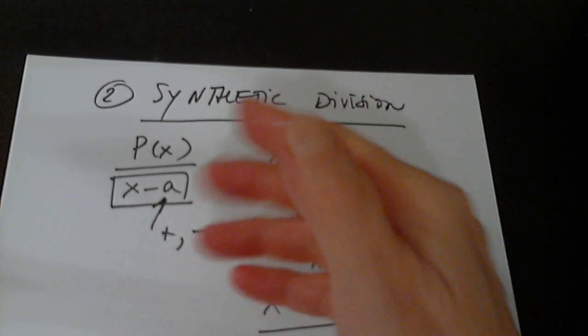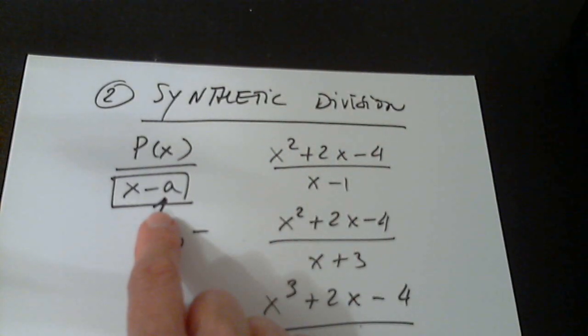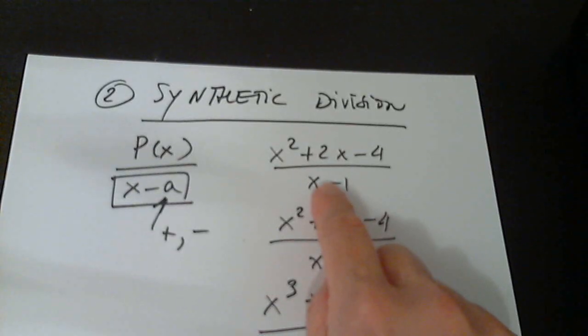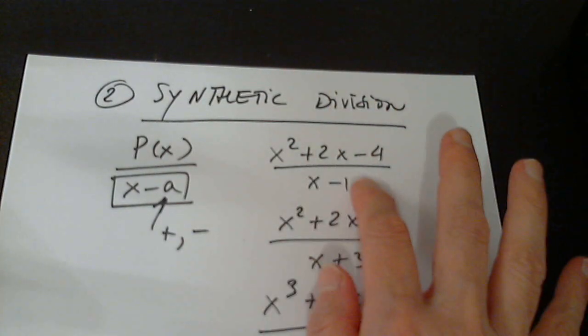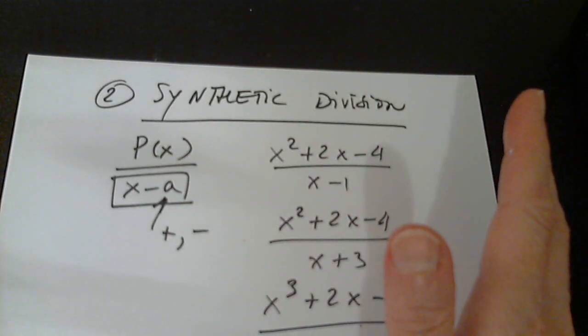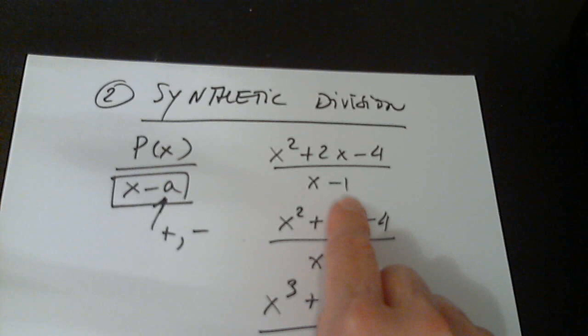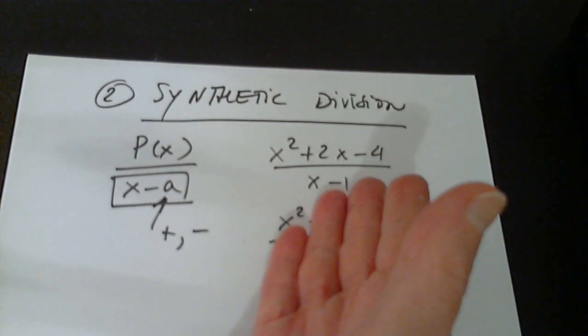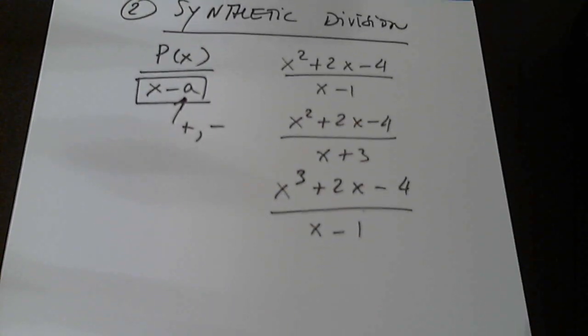When the polynomial at the top can be anything, but the denominator is restricted. It cannot be 3x squared plus 1. It has to be a linear expression, and it can have x plus a number or x minus a number. Okay, so let's look at this one quickly, and then we'll practice some more.